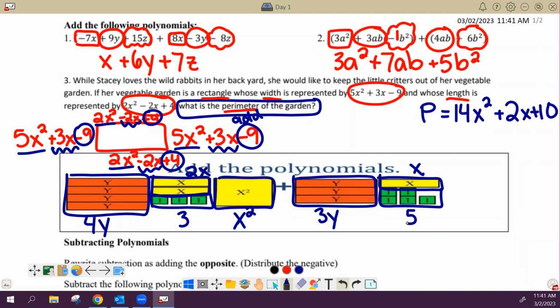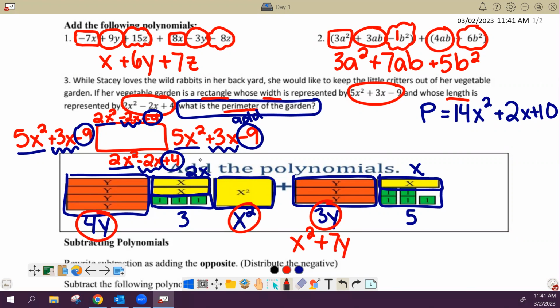So now if I add up the like terms, I'm going to start with the x squared. It really doesn't necessarily matter what you start with. X squared didn't have a partner. It's the only x squared, so I wrote that. There is a 4y and a 3y. So if I add 4 plus 3, I get 7y.